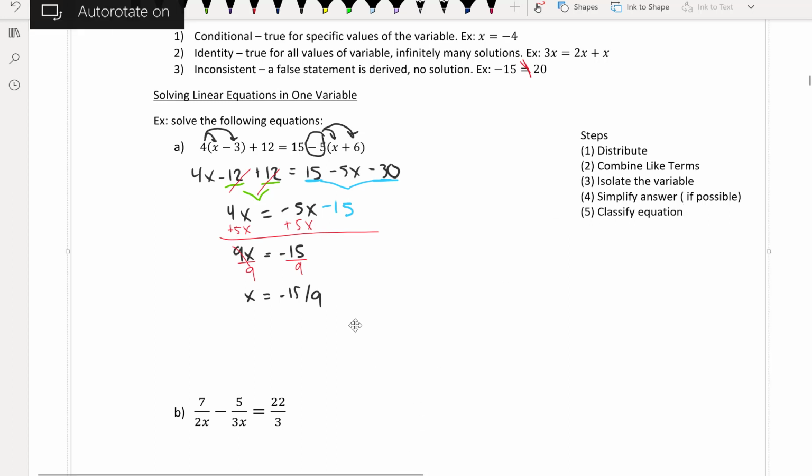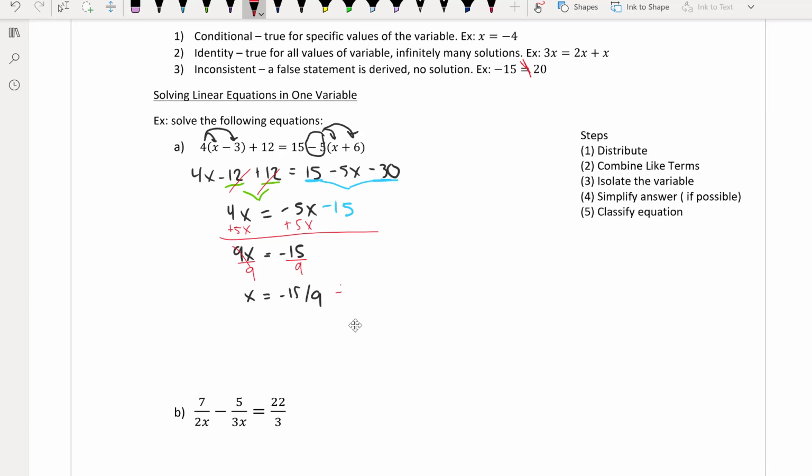So I want to make sure that I simplify my answer. So a 15 and a 9, well, they have a 3 in common. So I'm going to divide the numerator and denominator by 3. So I'm going to get that x is equal to a negative 5 thirds. And that will be my final answer.